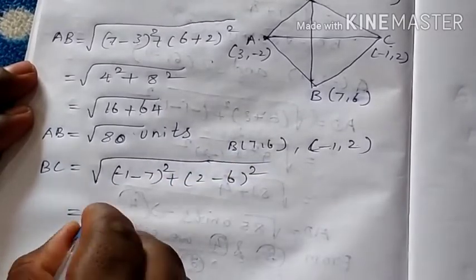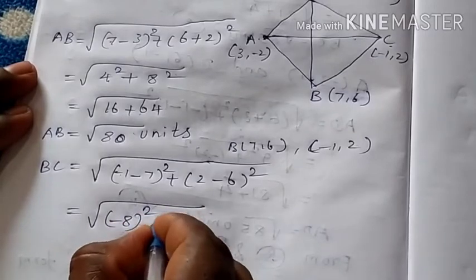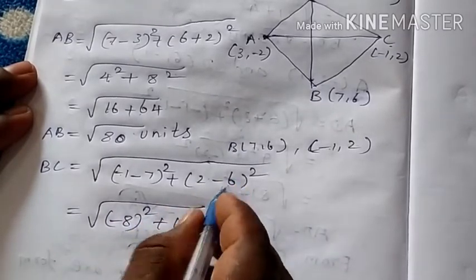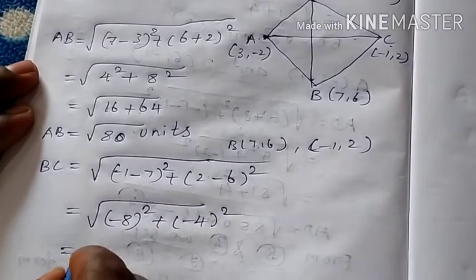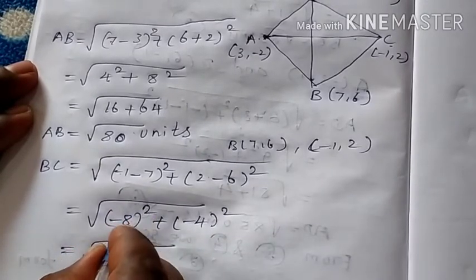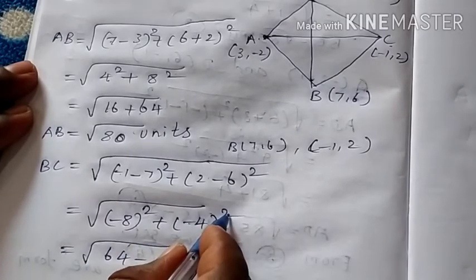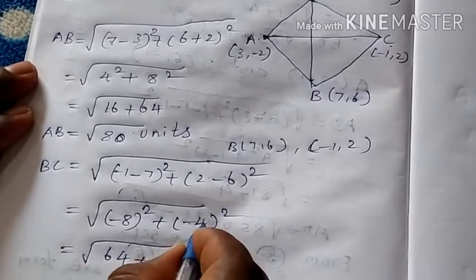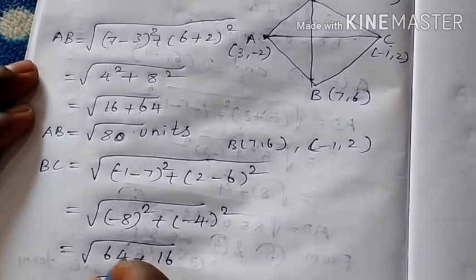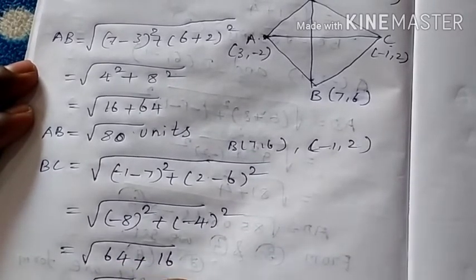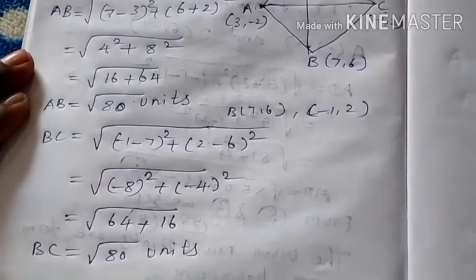Which is equal to the square root of (minus 1 minus 7, totally minus 8) the whole square, plus (2 minus 6, minus 4) the whole square. Which is equal to the square root of minus power even number is plus, 8 squared is 64. The same manner, minus power even number is plus, 4 squared is 16. Sum of the two values, we get 80 units. This is for BC.